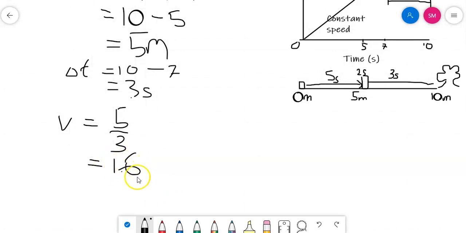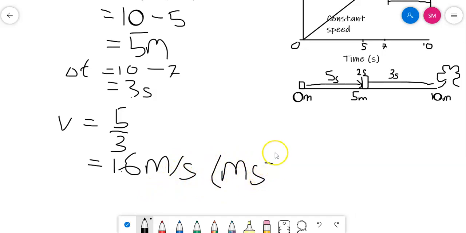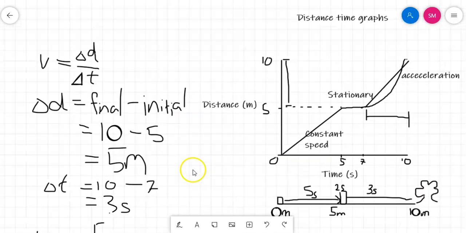It equals 1.6 meters per second. Or you might see that written as meters per second to the power of -1. Or even, we should round it up, 1.7 meters per second. So that's about it for this one.